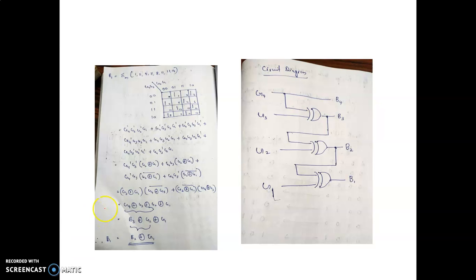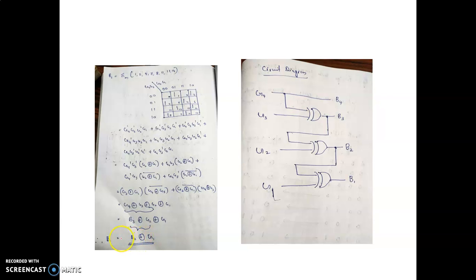So when plotted on the K-map, you are not able to group it, so you are going to minimize it algebraically. When minimized algebraically, what you get is G4 XOR G3 XOR G2 XOR G1. So you know that G4 XOR G3 is B3, B3 XOR G2 is B2, so B2 XOR G1. That is the B1 value.